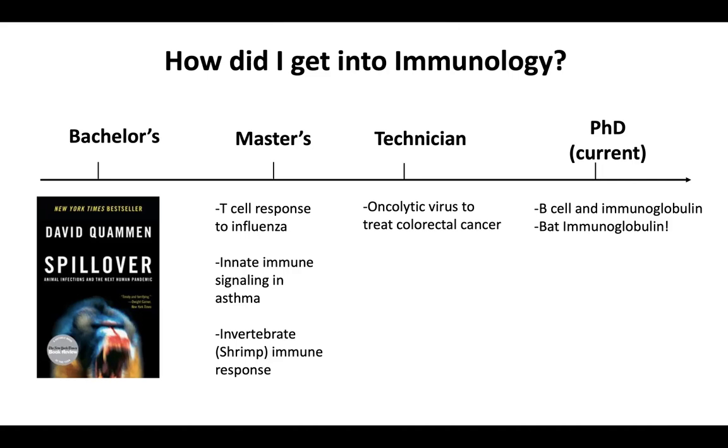So when I started my PhD, I applied for a lab that does that. And because I haven't really worked with B cells before, I ended up joining Dr. Wong's lab at City College, where we study the B cell and immunoglobulin and how it's being regulated. And it's also the same place where I met Susan, who now is my co-advisor, and we're studying bat immunoglobulin. That's how I got into the bat world.